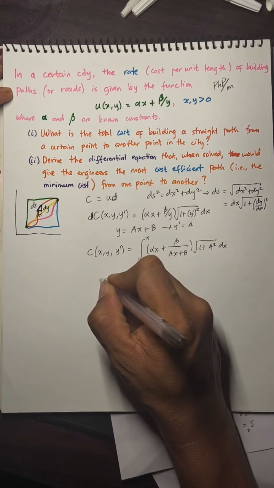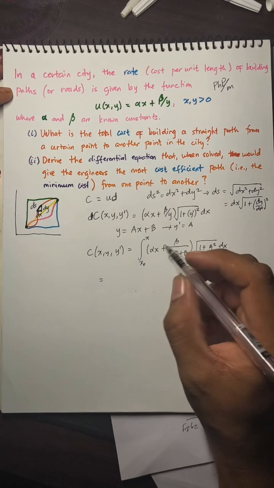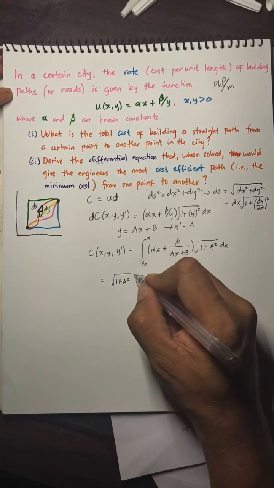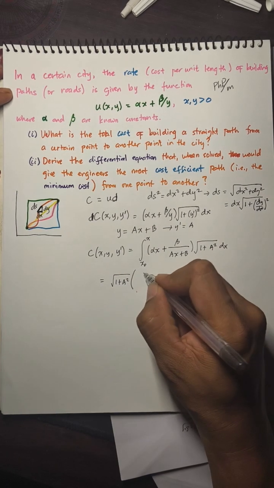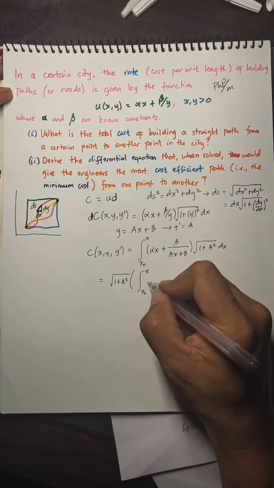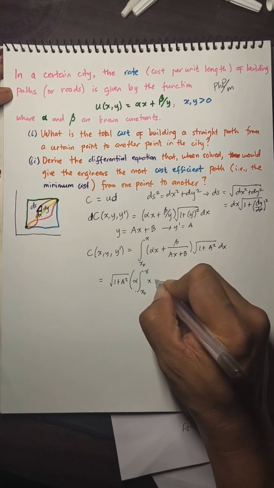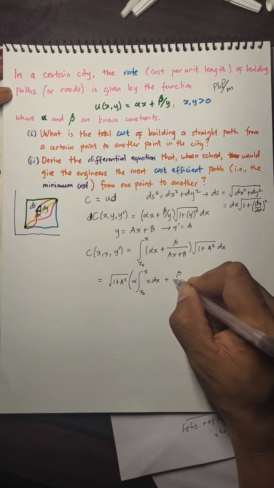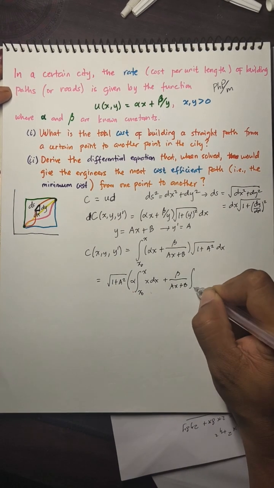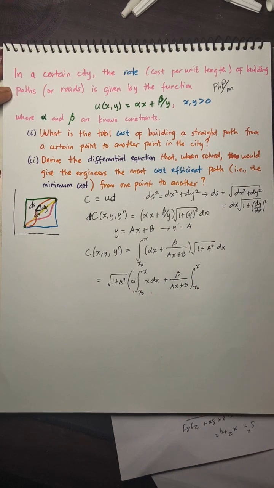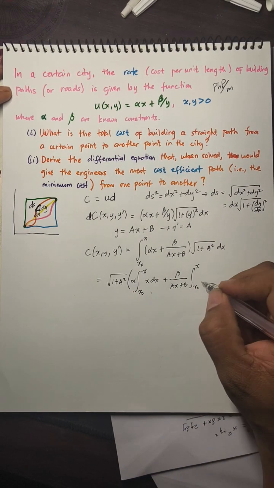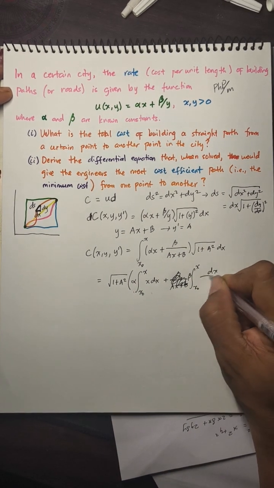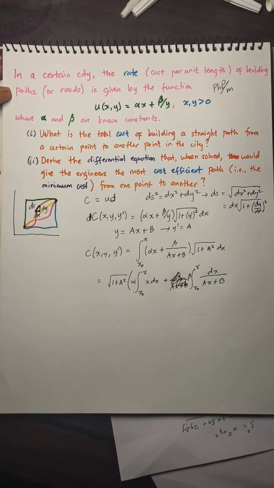So this is just equal to square root of 1 plus a squared times the integral of x naught to x of, since alpha is constant, alpha x dx plus we have beta over ax plus b, the integral from x naught to x of, sorry, this is beta here, and then dx over ax plus b.